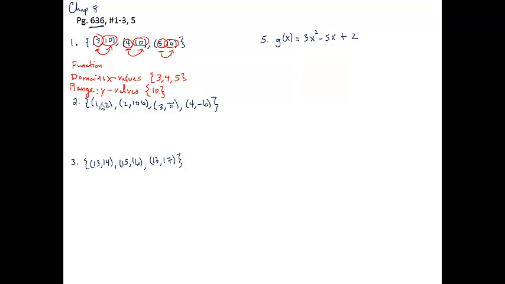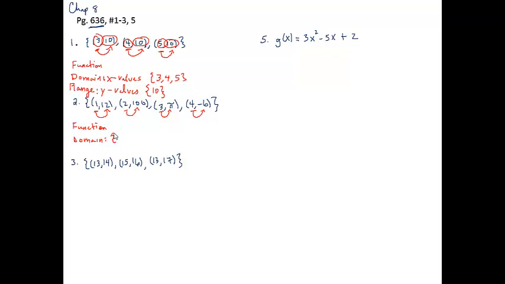Let's move on down to problem number 2. We're going to do the same thing. Is it a function? So look for the x's. Make sure each x corresponds to only one y. So 1 corresponds to 12, 2 corresponds to 100, 3 corresponds to pi, and 4 corresponds to negative 6. No repeats, therefore this is a function as well. And again, let's list out our domain and the range.